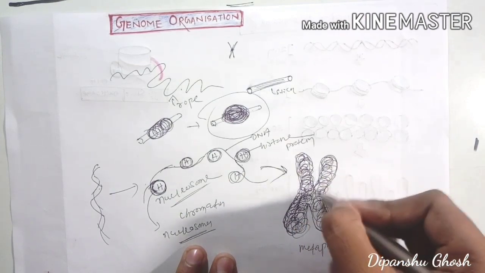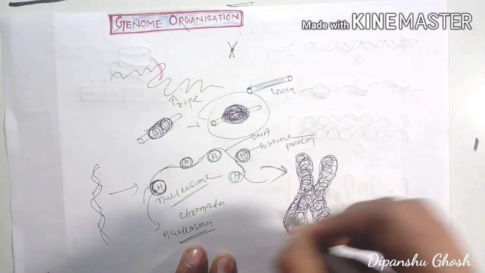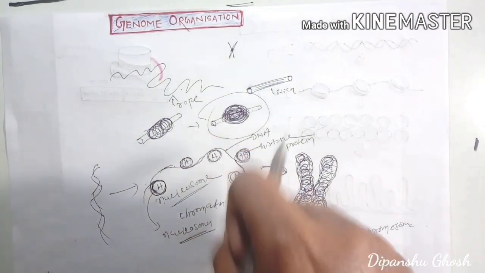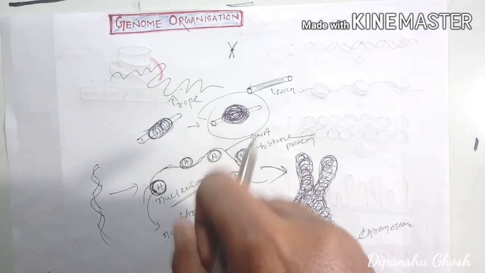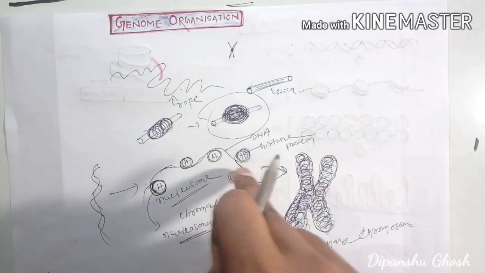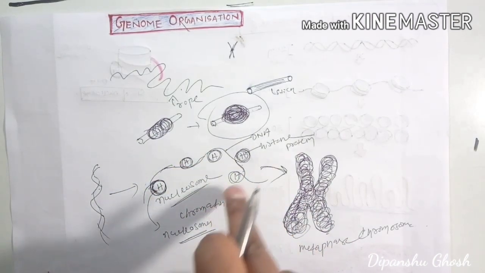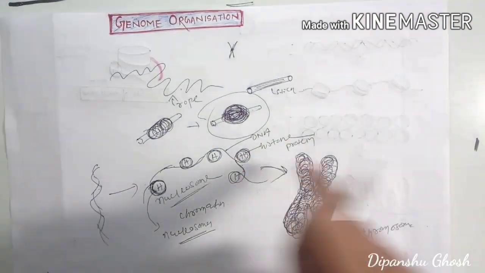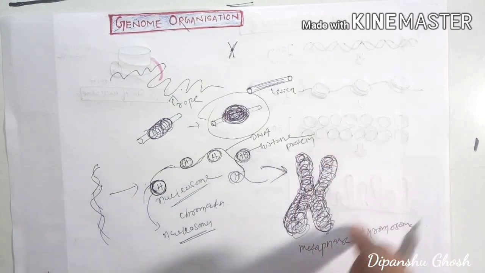These are actually the DNA and protein. First we had DNA, it is wound around histone proteins to form nucleosomes, and the nucleosomes will be condensed further to form a metaphase chromosome, right? And this is your metaphase chromosome.